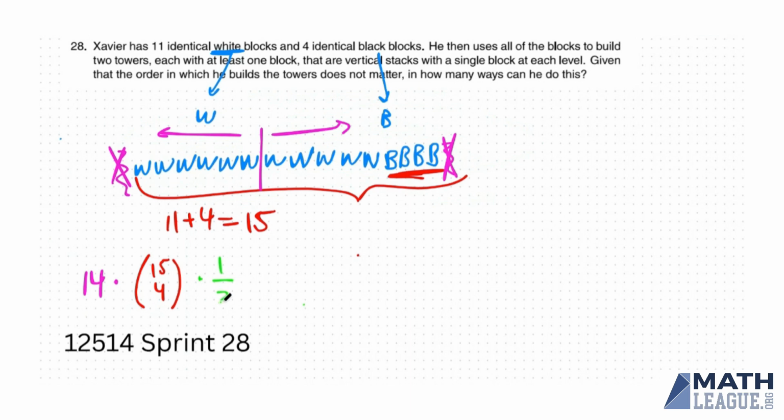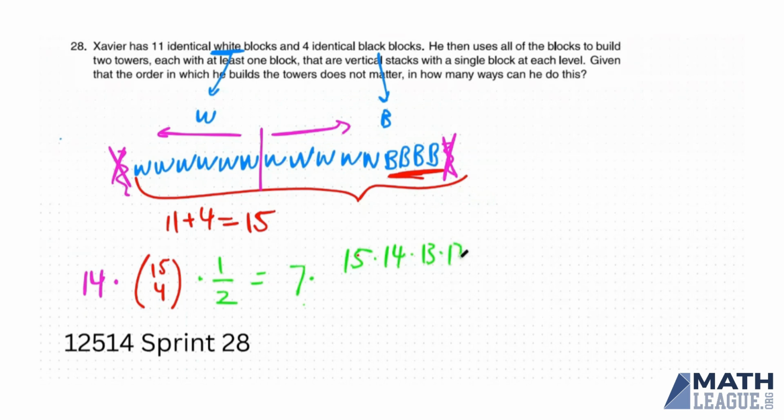But once we do that, we now know exactly how many total sets of towers Xavier could build. 14 over 2 is 7, so I'm just going to put that there. 7 times 15 choose 4 is 14 times 13 times 15 times 14 times 13 times 12 over 4 factorial.